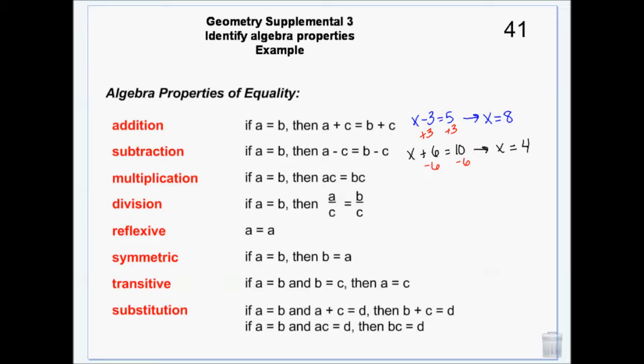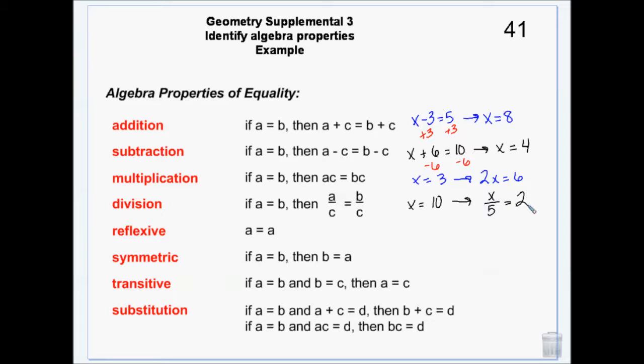Multiplication, I can multiply the same thing to both sides. So if x equals 3, then 2x equals 6. And division, if x equals 10, then x over 5 would equal 2.